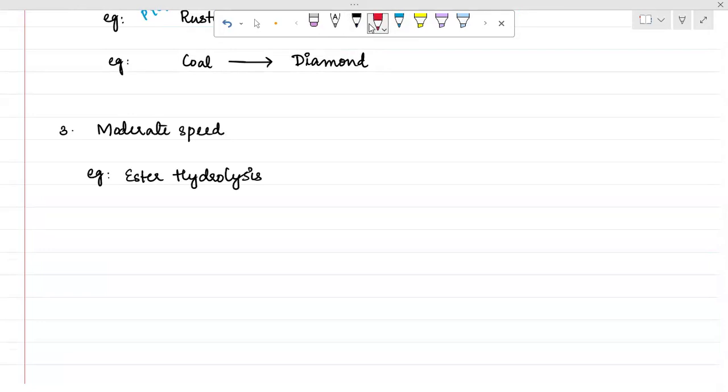What happens in ester hydrolysis? Let's say you have some ester. In the presence of water, it becomes an acid and an alcohol. Very easy example. This is ester hydrolysis, one example of a reaction which proceeds with a moderate speed.